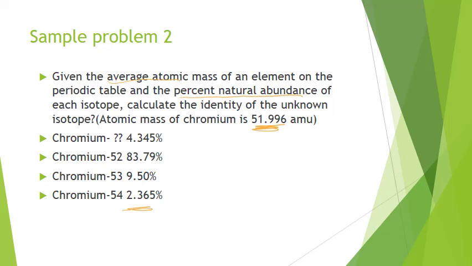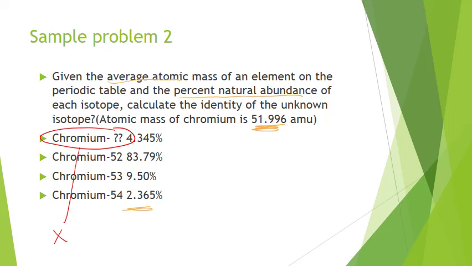Calculate the identity of the unknown isotope. So this is where algebra comes in, okay? So our unknown chromium mass is going to be X. Okay, so we're solving for X.